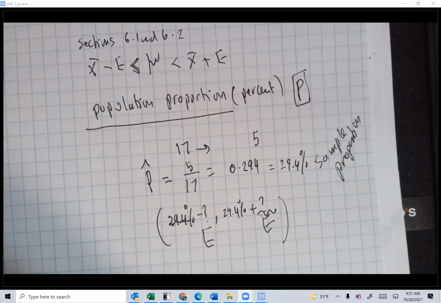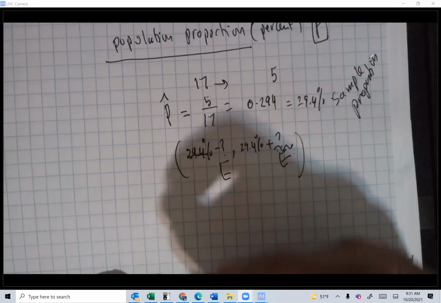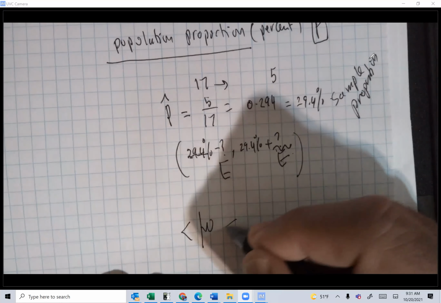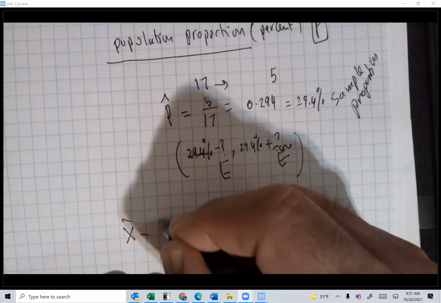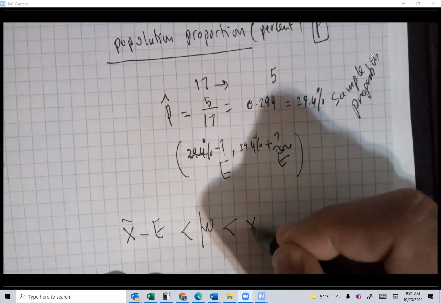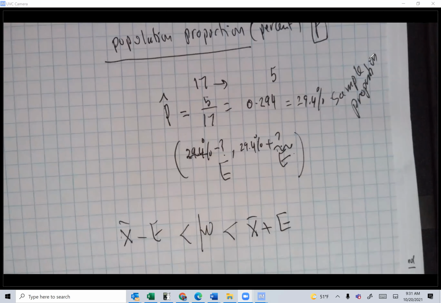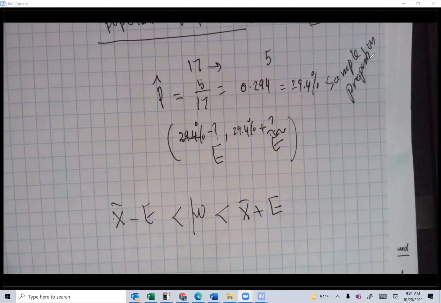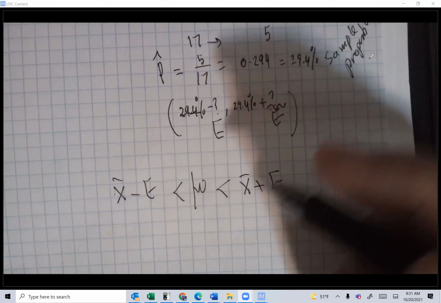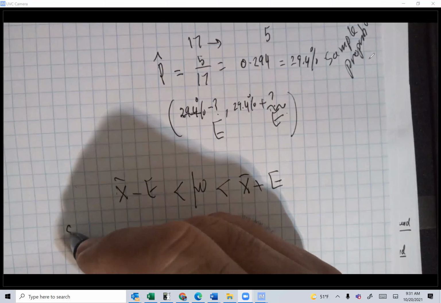In section 6.2, guys, we wrote the mean like this: X bar minus E and X bar plus E. Let me show you how we're going to change this to make it fit in section 6.3.